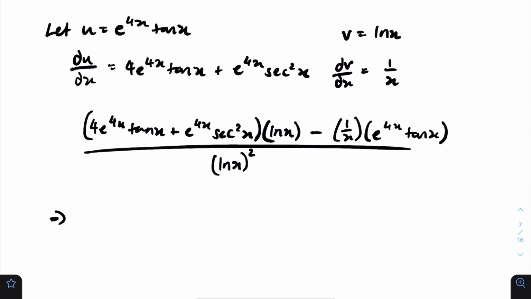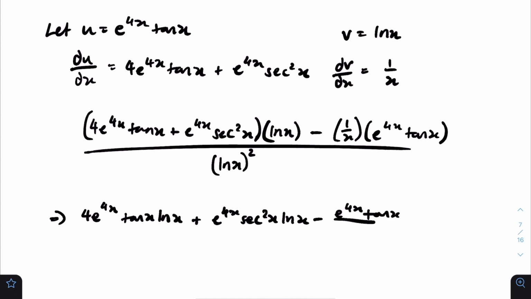If you simplify that down, we get 4e to the power of 4x tan x ln x plus e to the power of 4x secant squared x ln x minus e to the power of 4x tan x over x, over ln x all squared.